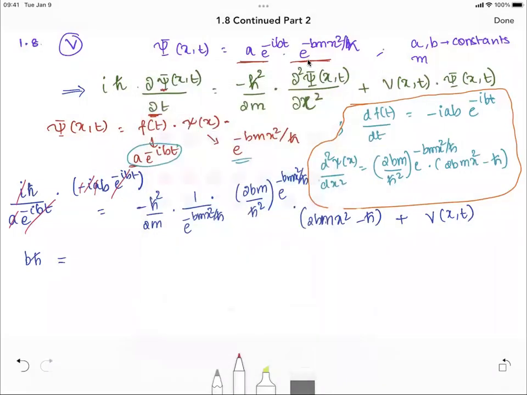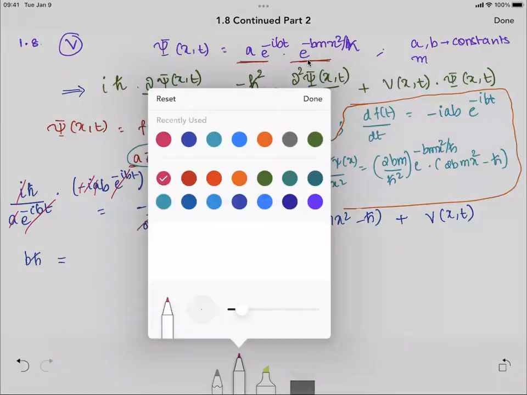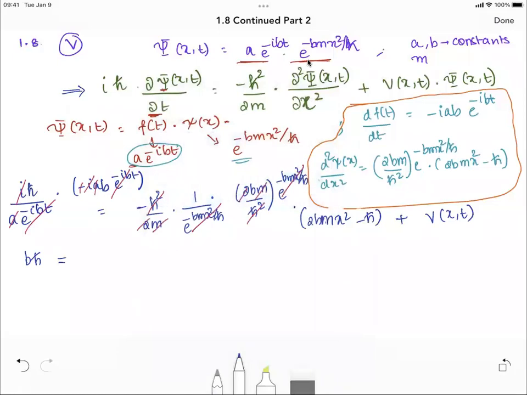Let's go to the cancellations again on the right-hand side. The 2m gets cancelled. H bar squared gets cancelled. The exponential term gets cancelled. So once those calculations are done, we are left with negative, it's just the b that remains, right? Negative b times 2bn x squared minus h bar plus V of x comma t.